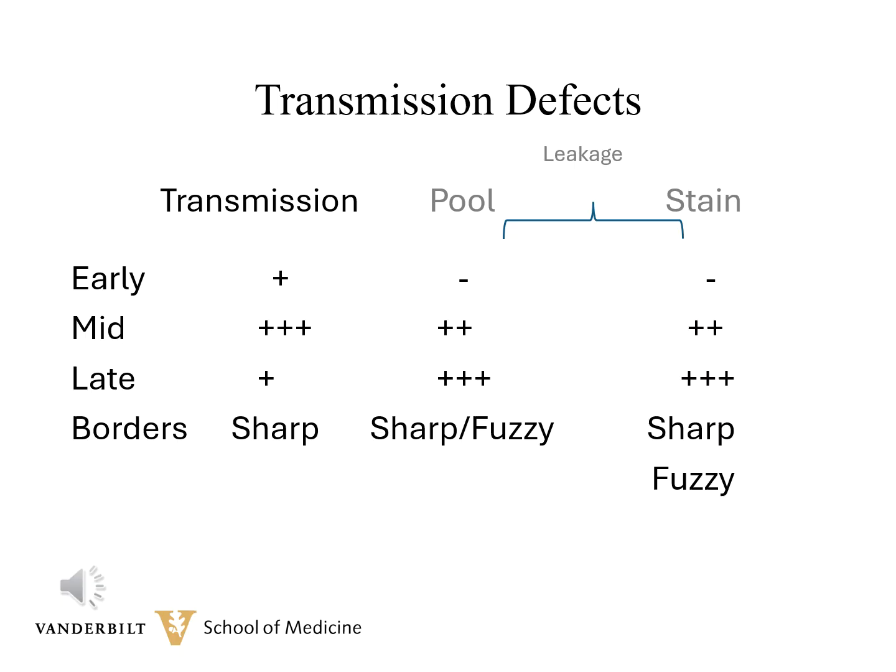The fluorescence will increase during the mid-phase as more dye flows into the choroid, and then fade in the late phase as the dye is washed out of the choroidal circulation. So in transmission, the mid-phase has 3 pluses because you can see the dye much better, and in the late phase, there's only 1 plus because the dye has been washed out of the choroid. Also, the hyperfluorescence will have sharp borders, and these will match the borders of the lost RPE.